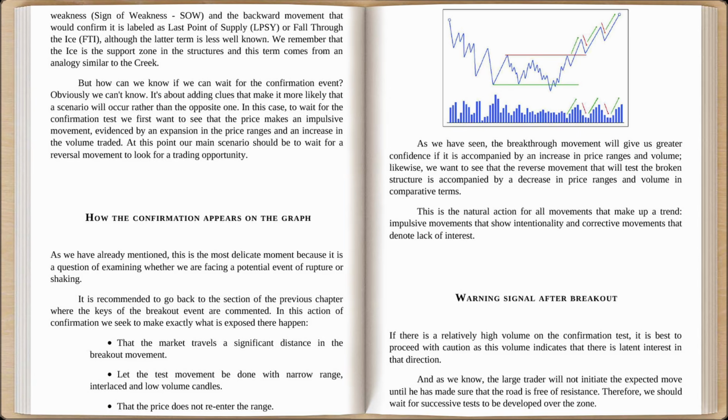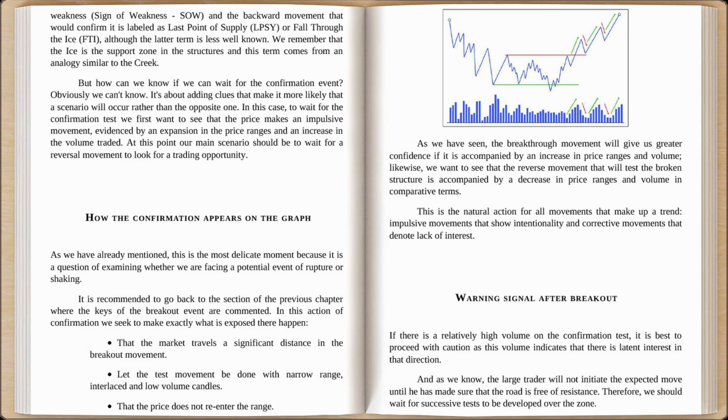Warning signal after breakout. If there is a relatively high volume on the confirmation test, it is best to proceed with caution, as this volume indicates that there is latent interest in that direction. And as we know, the large trader will not initiate the expected move until he has made sure that the road is free of resistance.